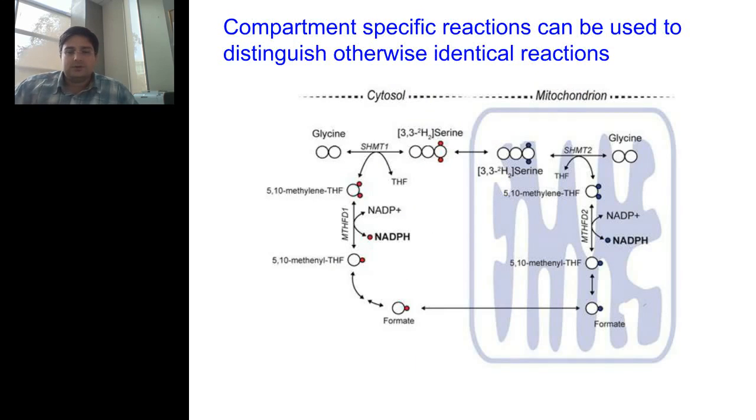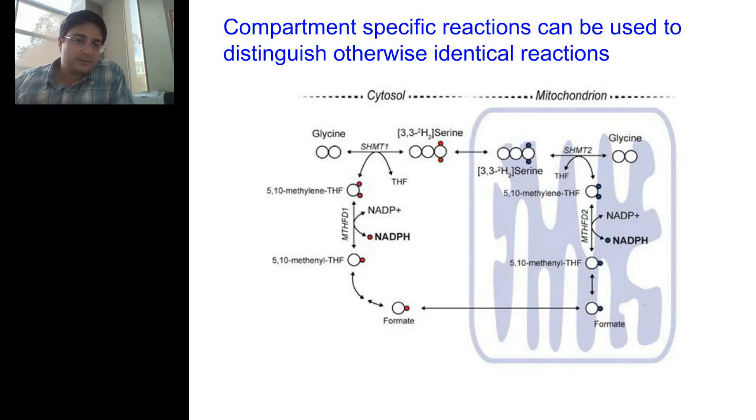So to more functionally test this system, we wanted to determine whether we can detect the directionality of compartment-specific reactions in other pathways.